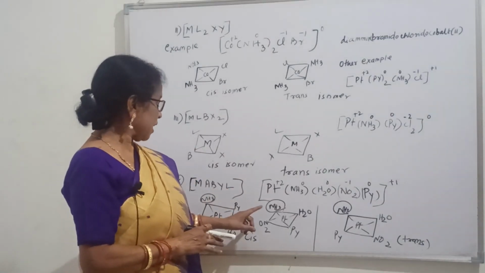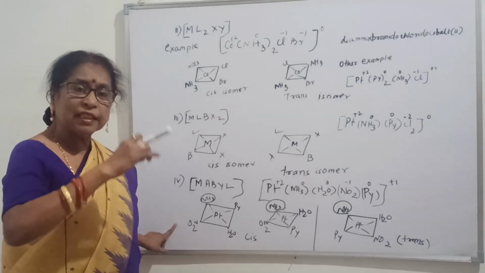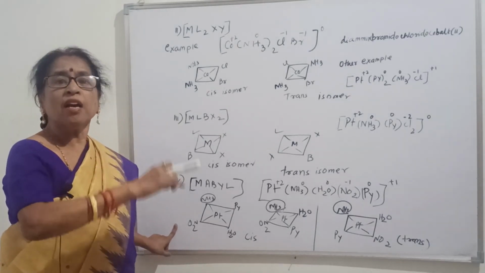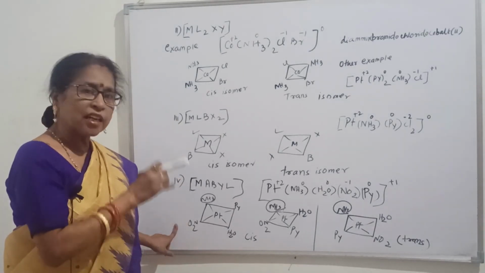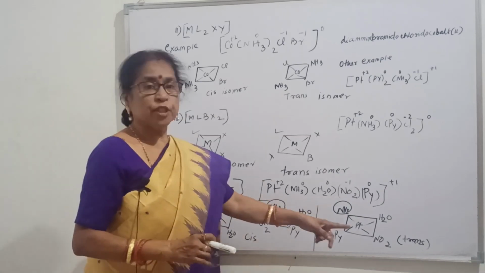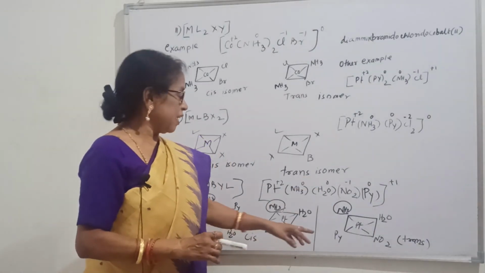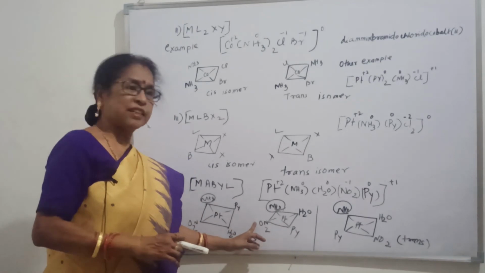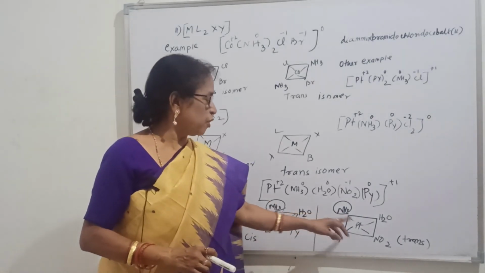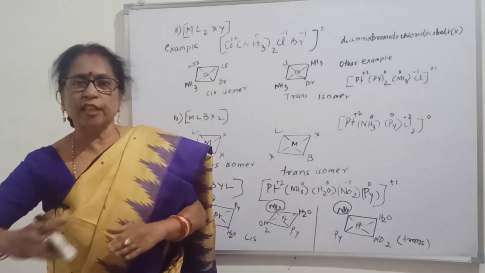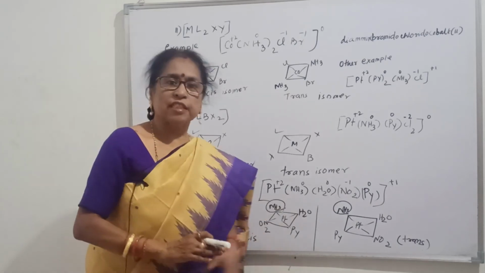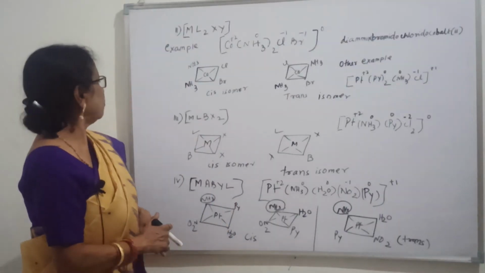Now NH3 and NO2, you think that is a cis isomer in adjacent side, so you keep them in opposite, diagonal side, and only interchange pyridine, automatically ammonia and NO2 are opposite to each other, that is the trans side. So I hope it is clear.